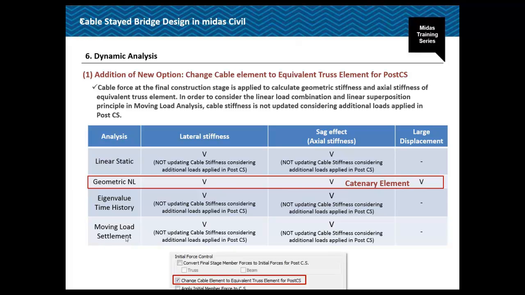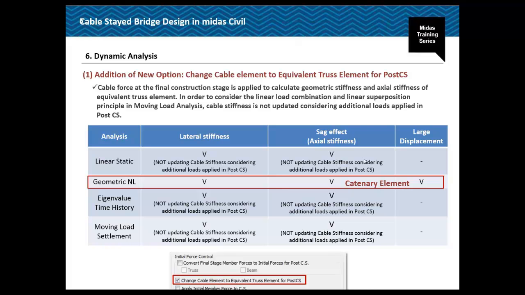In order to do that linear load combination, we do not update the cable stiffness considering the additional load from this linear static load or the moving load, which means only the loads applied during the construction stage will be considered to calculate their stiffness. It's the same for the sag effect.